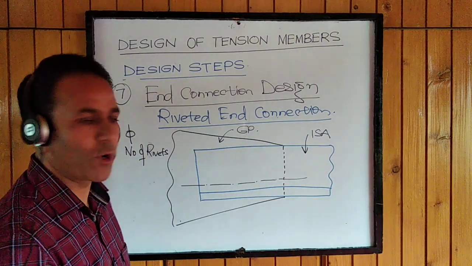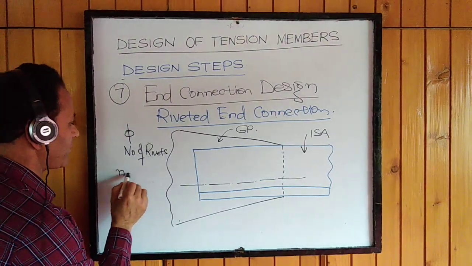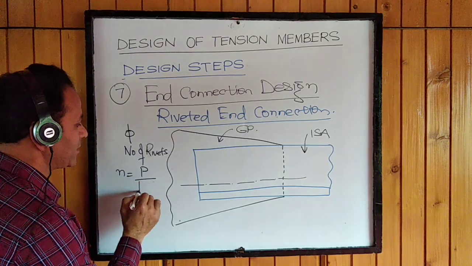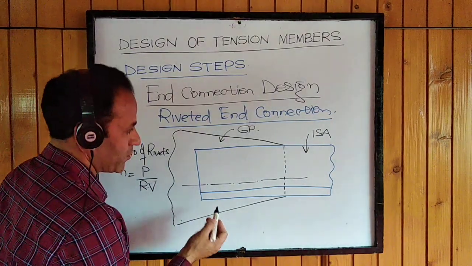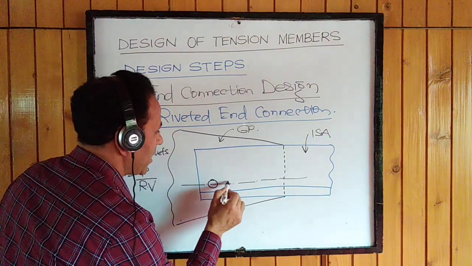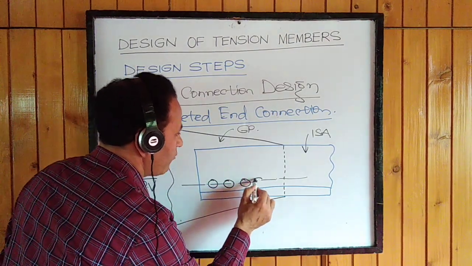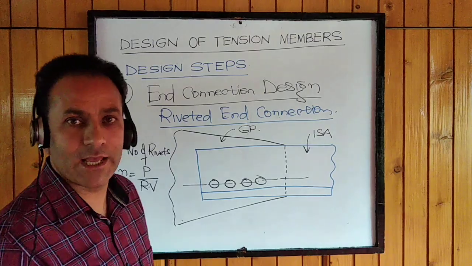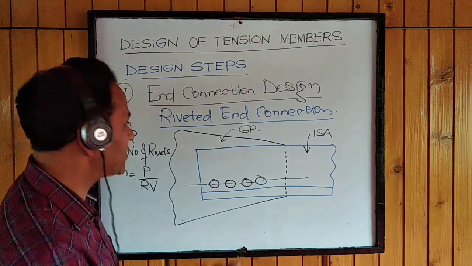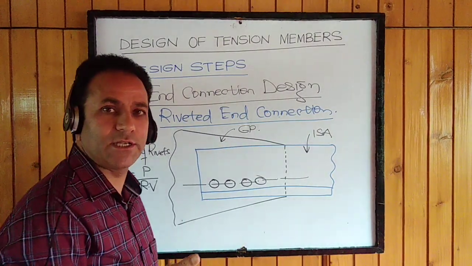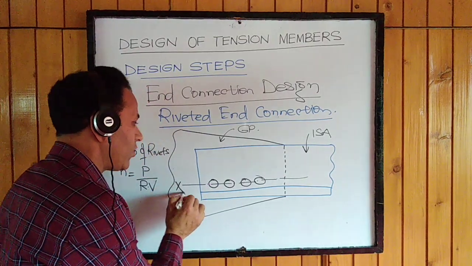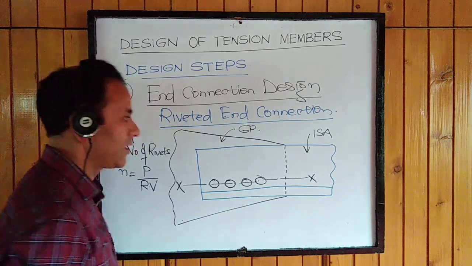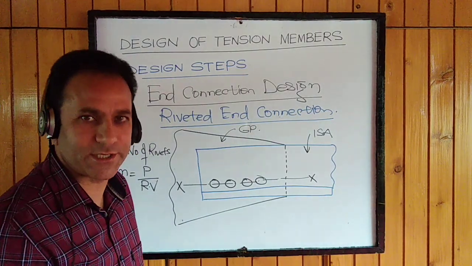That is, we'll calculate the load value, and the number of rivets shall be equal to the total load divided by the rivet value. So this will give us the number of rivets, rounded off, and we will see how we are going to arrange these rivets. The rivet lines have to be arranged in such a way that the CG of the rivets provided matches with the CG of the angle section so that there is no eccentricity.